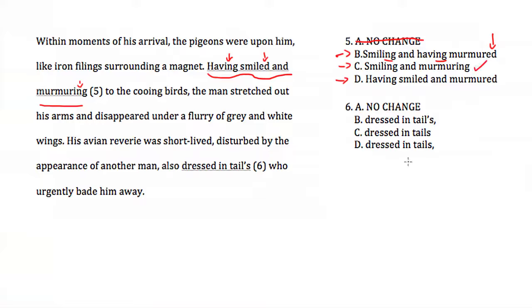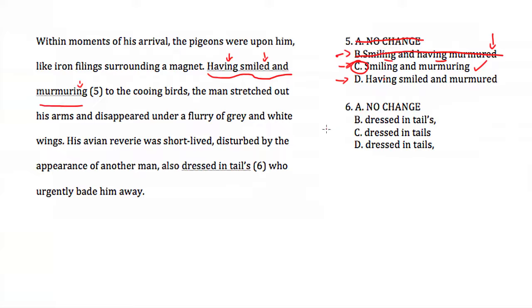This one sounds much better than B, but let's check D as well. Having smiled and murmured to the cooing birds, the man stretched out his arms and disappeared under a flurry of gray and white wings. Well, that kind of works too. So now we have to choose between C and D. Based on which one sounds better, I'm going to choose C as our best answer for question 5.